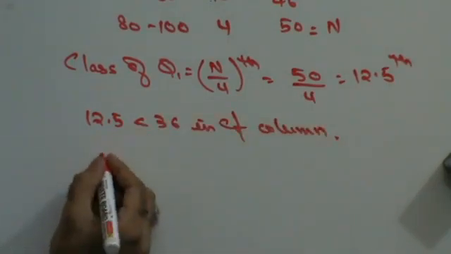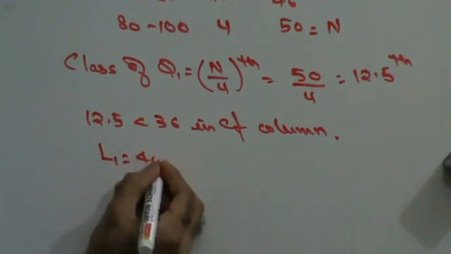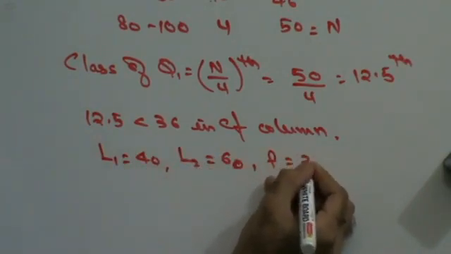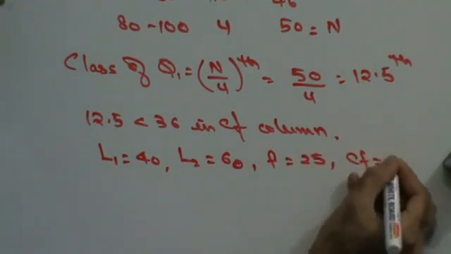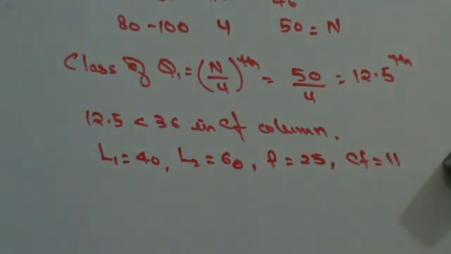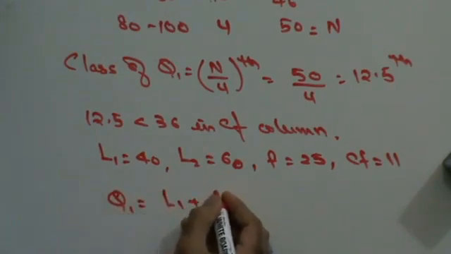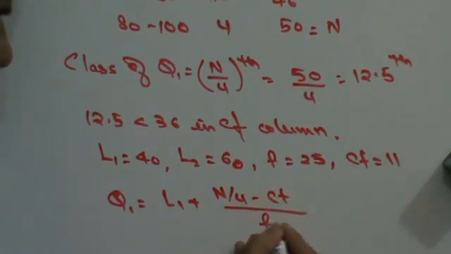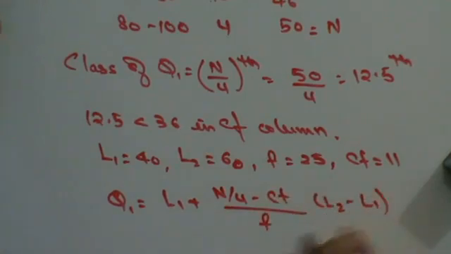So in that case, I can say that L1 is 40, L2 is 60, F is 25, and CF is the number above that, which is 11. So Q1 is nothing but L1 plus n by 4 minus CF upon F, into L2 minus L1.